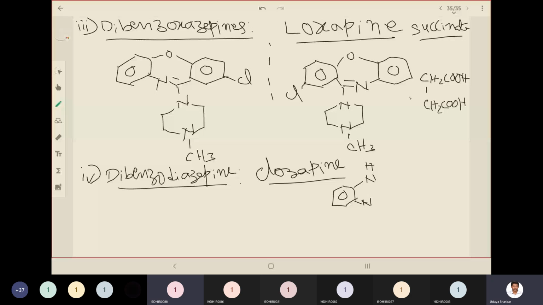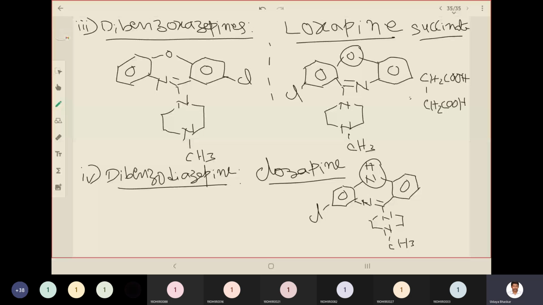So dibenzodiazepine. And you have a piperazine side chain, and you have CH3 here. So you can relate. Here you have a chlorine substituent. If you observe, the difference between loxapine and clozapine is only nitrogen instead of oxygen. Okay, this is the differentiation between dibenzoxazepine and dibenzodiazepine.